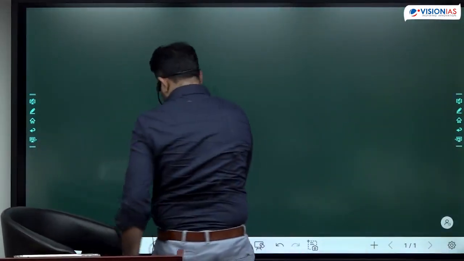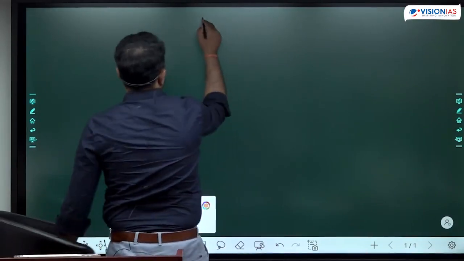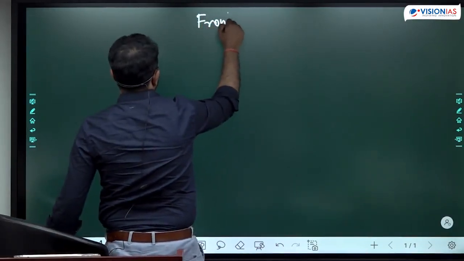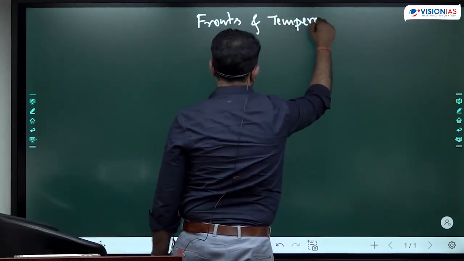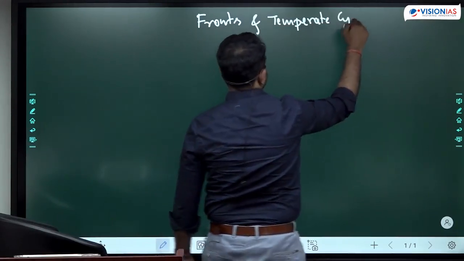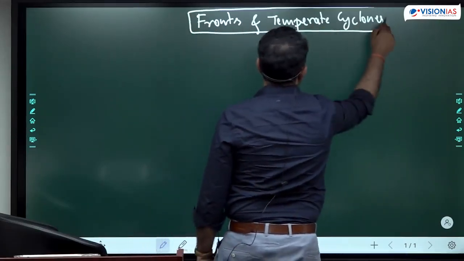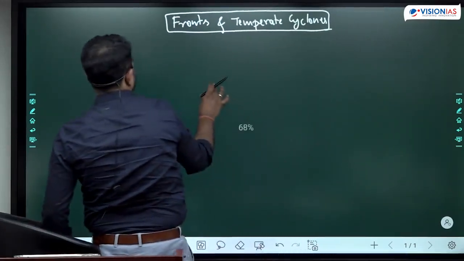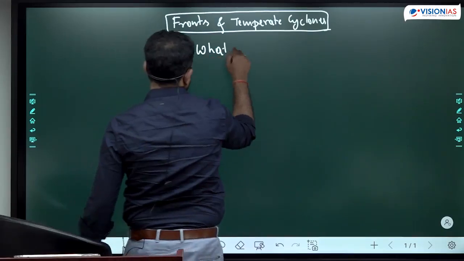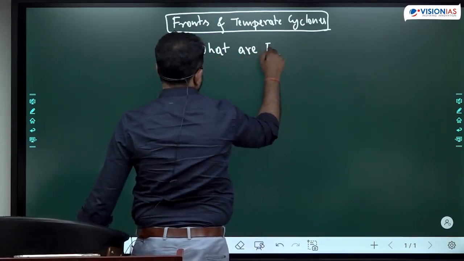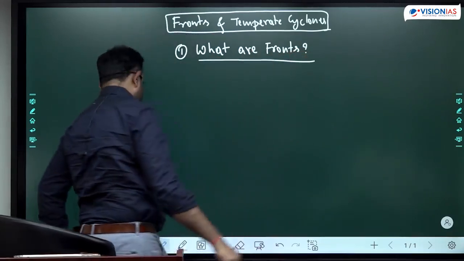So next. Fronts and temperate cyclones. What are fronts?